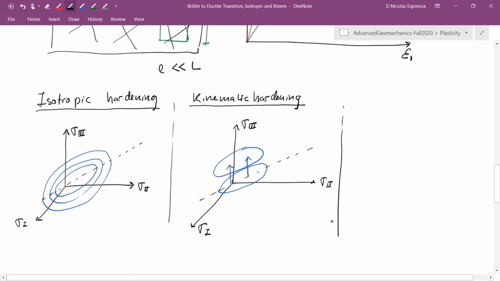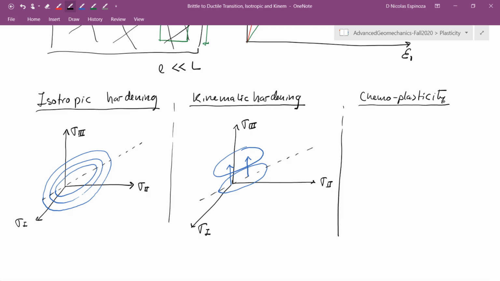And one more phenomenon that I'd like to share with you is the phenomenon of chemoplasticity. You remember that we talked before about chemoelasticity, and we said that changes in chemical potential in the fluid or in the rock can cause deformations.